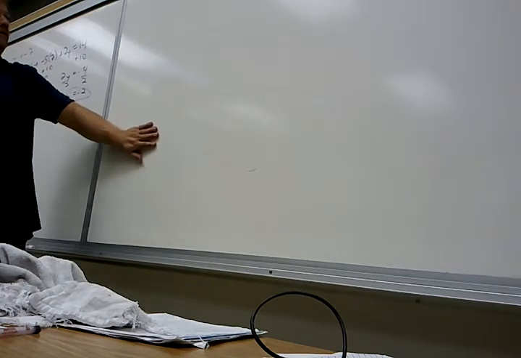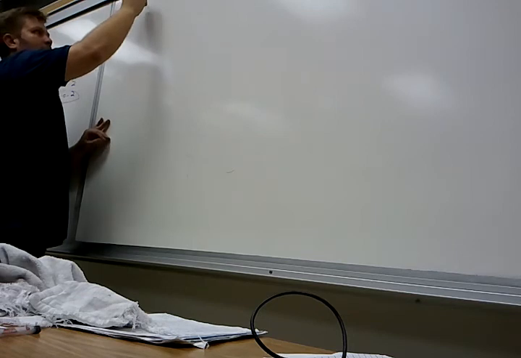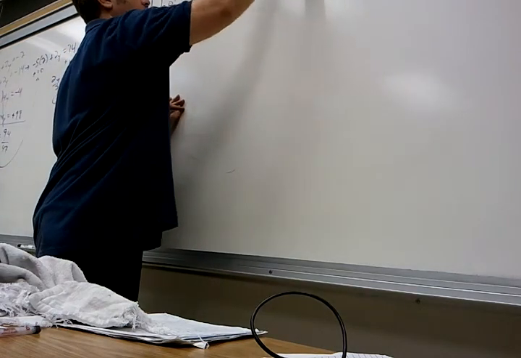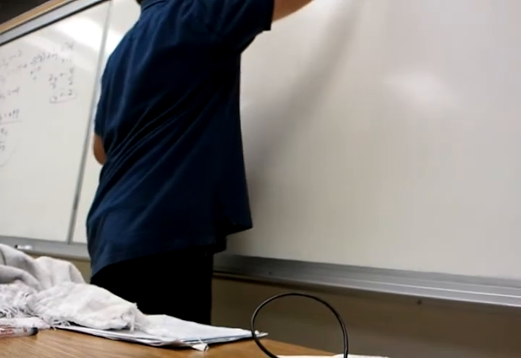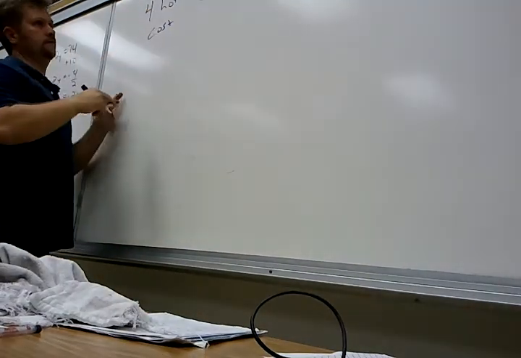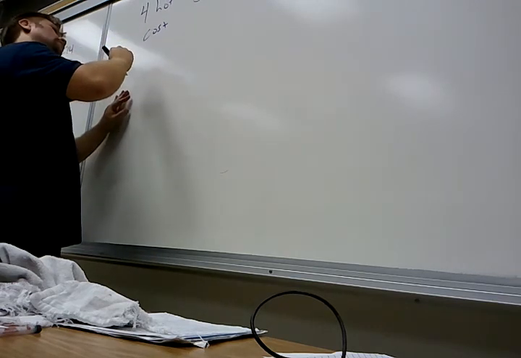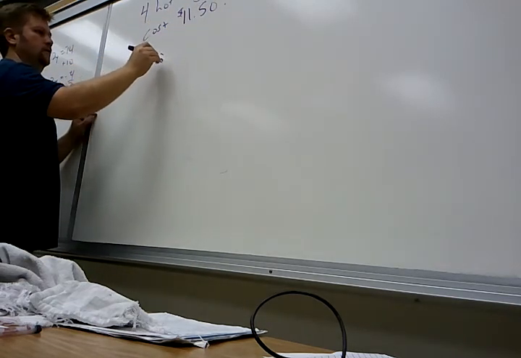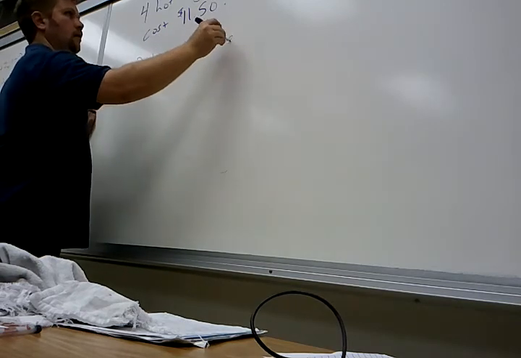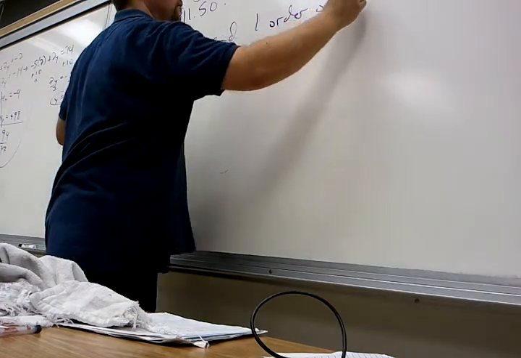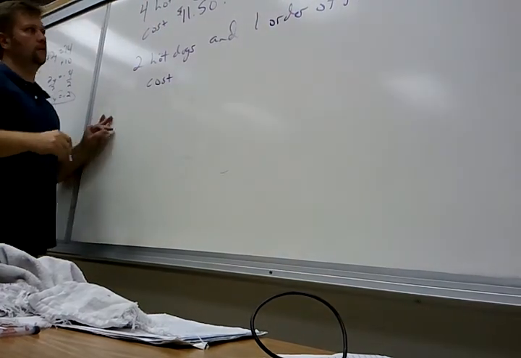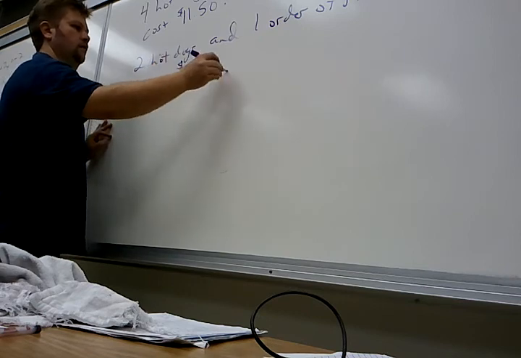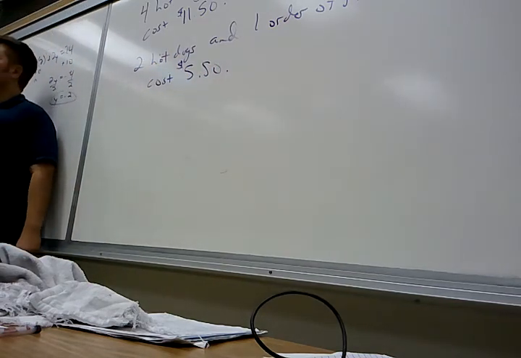Is this an example out of 4.4? Let's find out. 4 hot dogs and 3 orders of fries cost $11.50. 2 hot dogs and 1 order of fries cost $5.50.